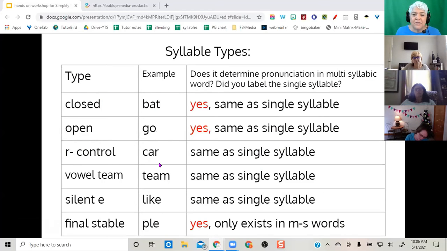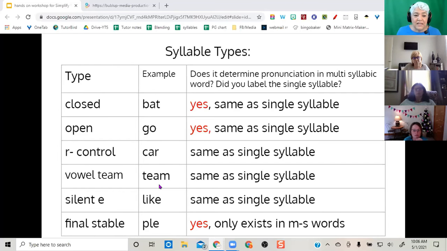Did you use the term, this is an R-controlled syllable, you need to know that so you can read this word? Or did you teach them AR says R, or AR represents R, and it's car? If you didn't have to give them the label or teach them anything specific for a single syllable word, you probably don't need it for a multi-syllable word.